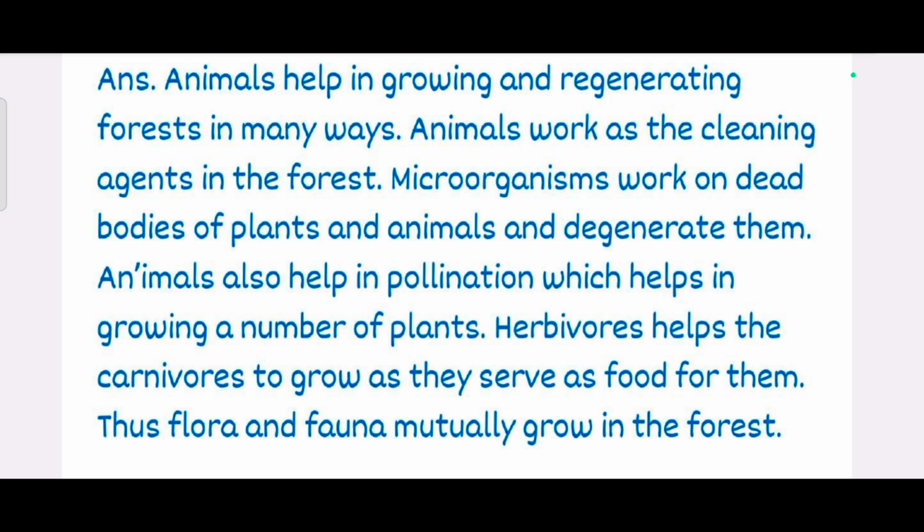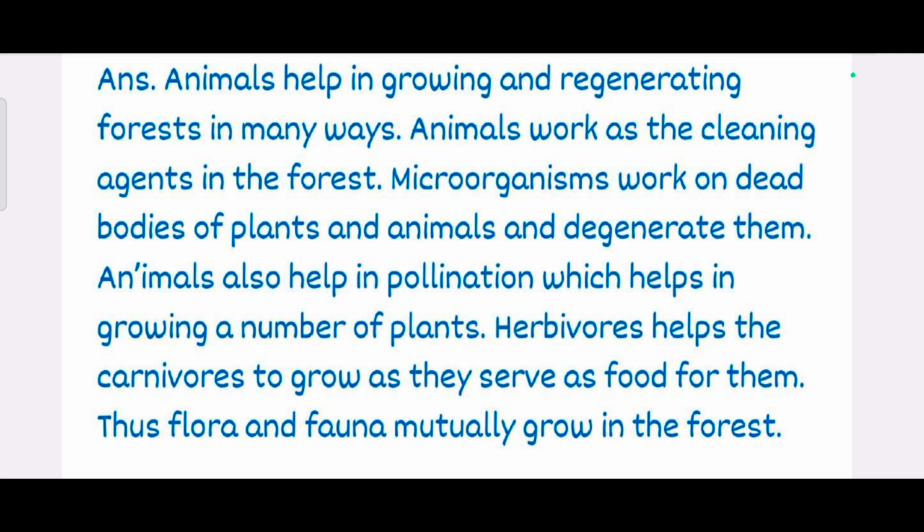Herbivores help the carnivores to grow as they serve as food for them.